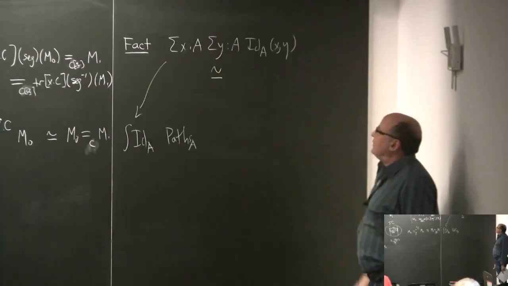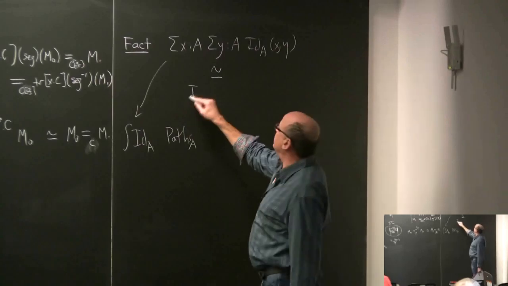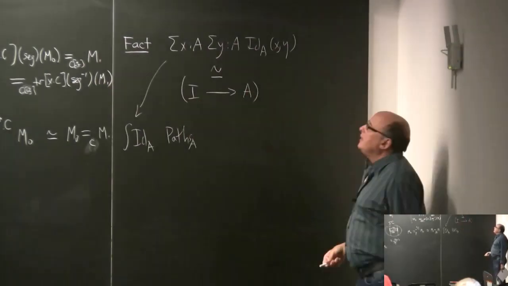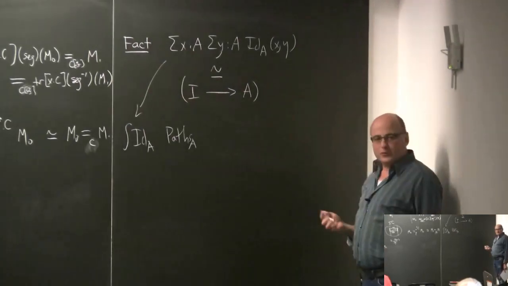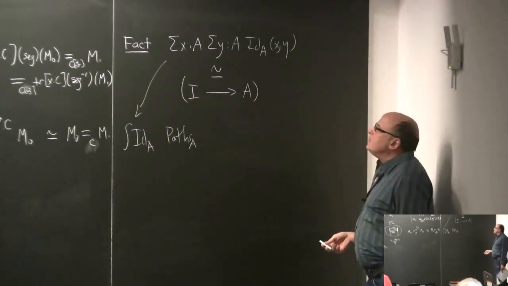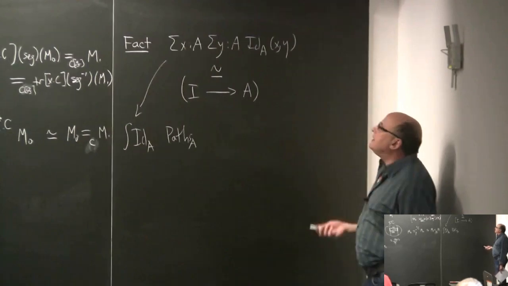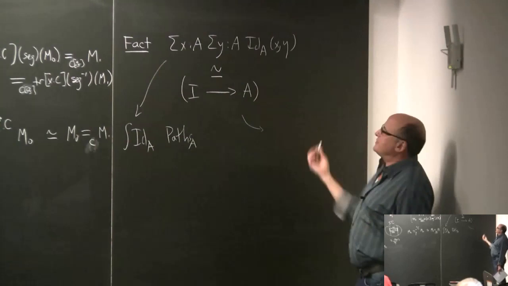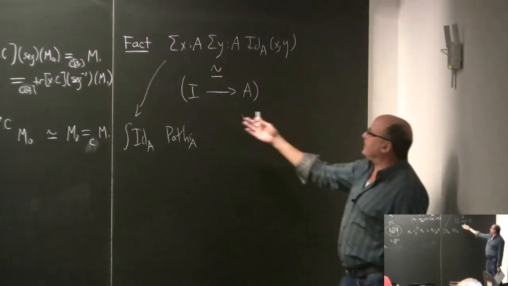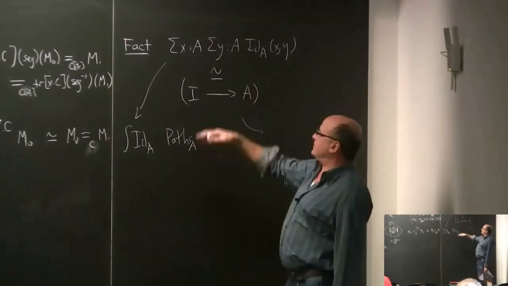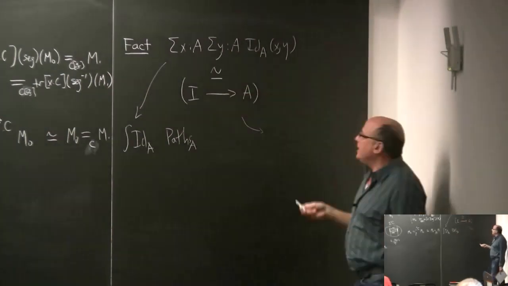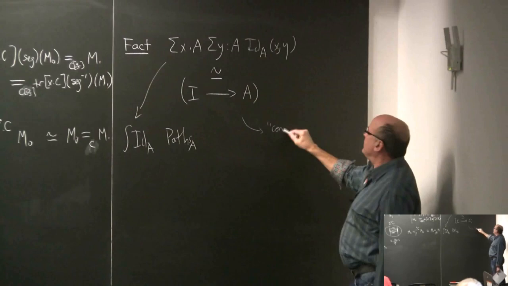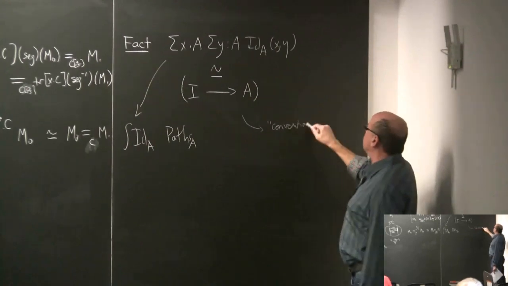The total path space turns out to be equivalent to the maps from I into A, which is kind of cool, right? It's really nice, based on the analytic approach. Analytically, this could also be thought of as the path into A. I'm not going to give this a different name from that one because I'm about to prove that they're equivalent. But you might call this the conventional path space.